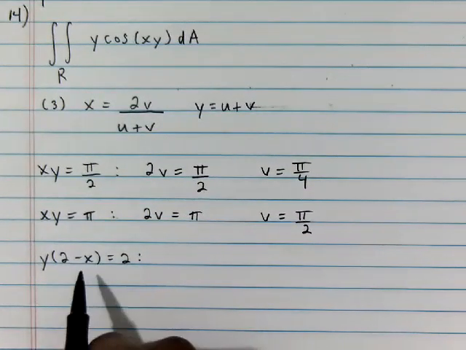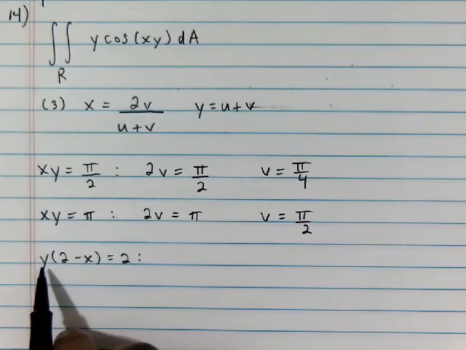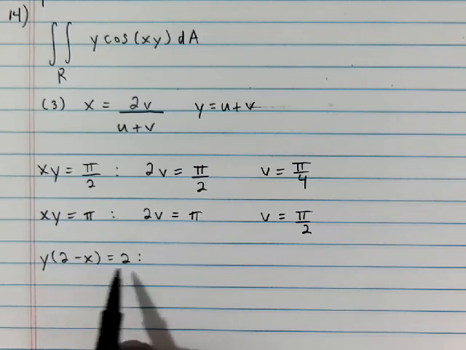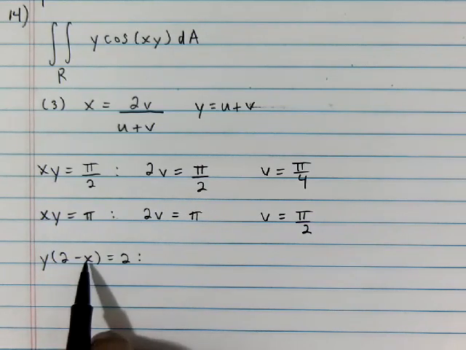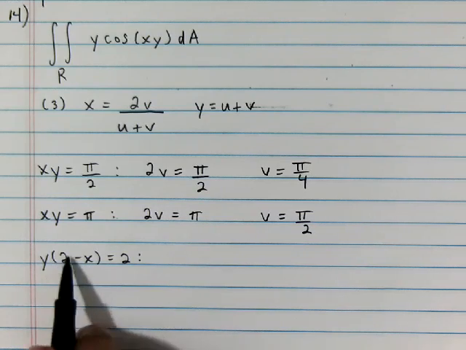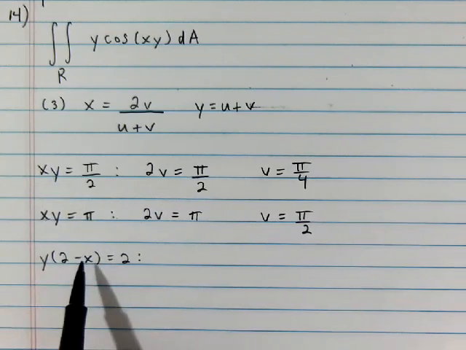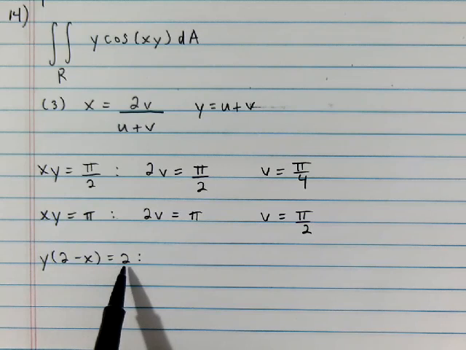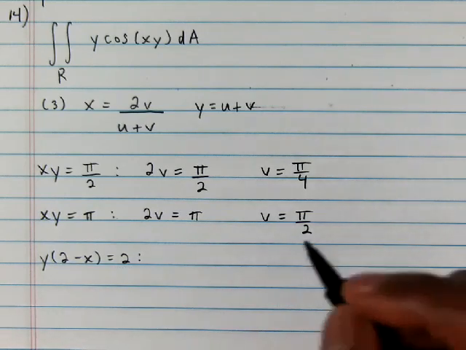This is a hyperbola as well, so just think of it as being like xy equals 2, but then you multiply the x by negative, which flips the whole thing across the y-axis, and then the 2 is going to give you a shift. So it's still just kind of like these. So we're going to have 4 hyperbolas that have this closed region. This region that they enclose, but we don't need to sketch the region though.